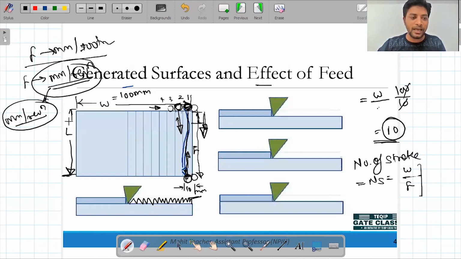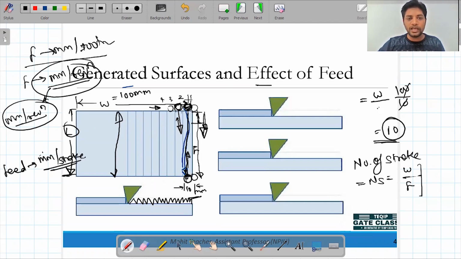So if this is the length, then feed will be represented as mm per stroke. Now if this is the length, then this length of the material is removed in one stroke. Then again you have to bring this tool over here and there will be another stroke. So whatever the feed that is given to you, that will be total feed.